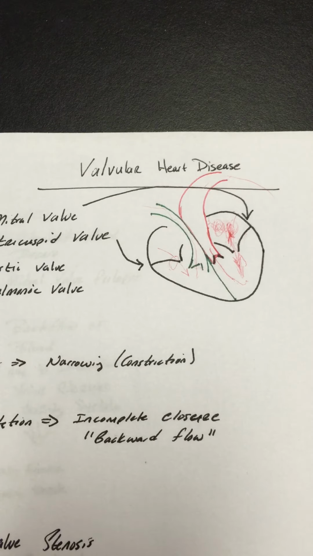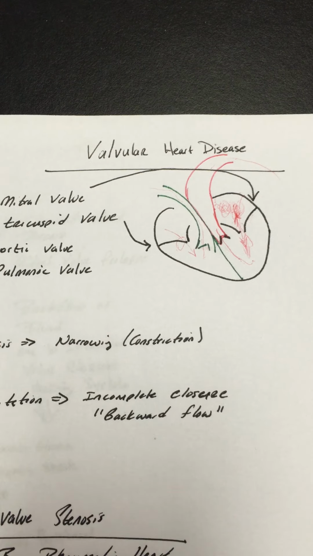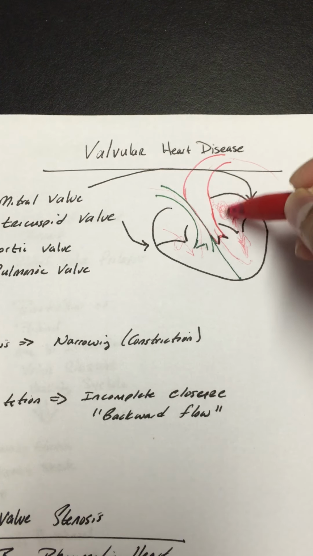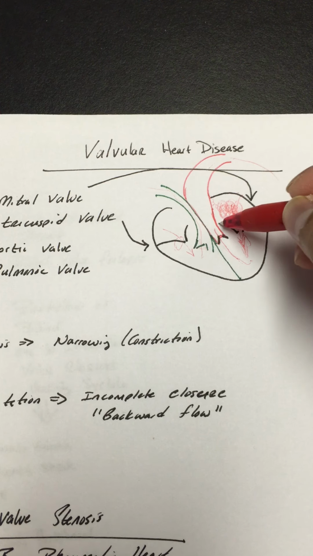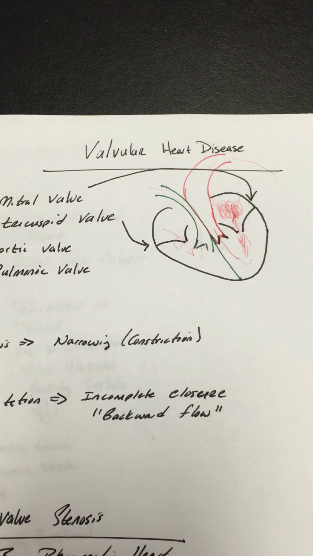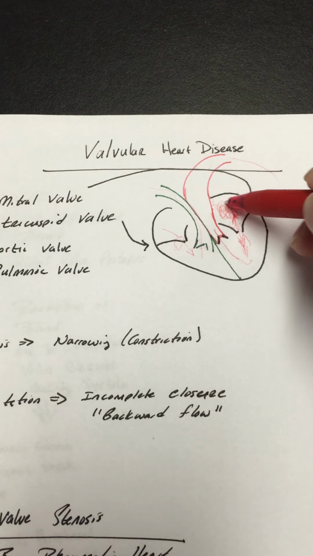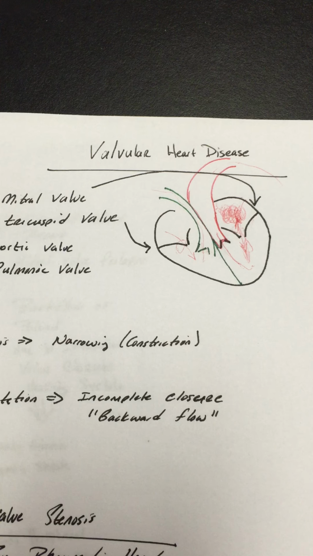Now, talked about chest pain. This also has to do with that decreased cardiac output. Talked about emboli. If blood is just pooling here, because again, this door isn't opening completely, or it is narrowed, it is constricted, blood is going to sit here, and that gives it a chance to clot.